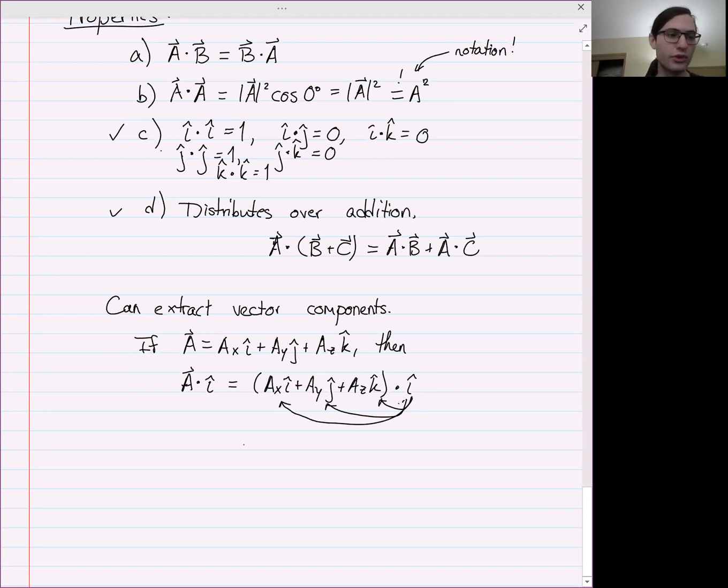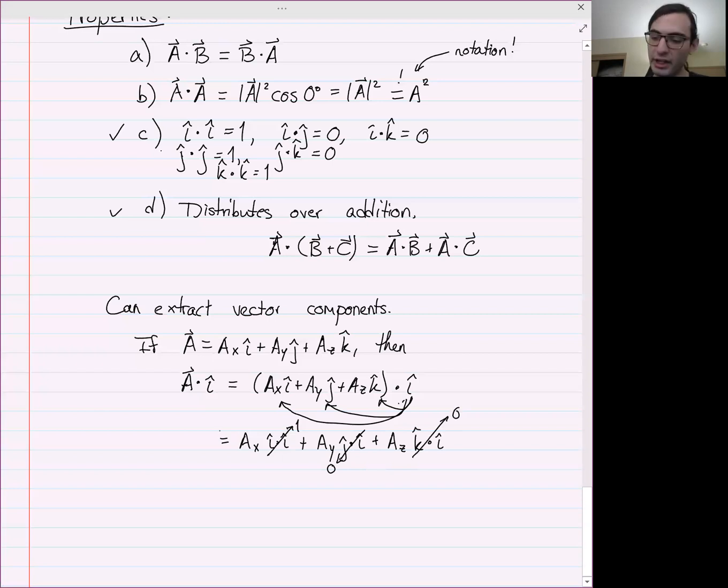And so this is equal to Ax times i hat dot i hat, and we know that that's equal to 1, plus Ay times j hat dot i hat, that's equal to 0. And then Az times k hat dot i hat, which is also equal to 0.